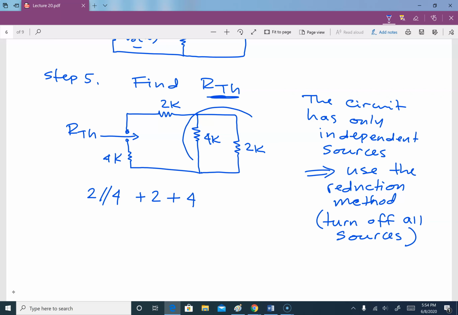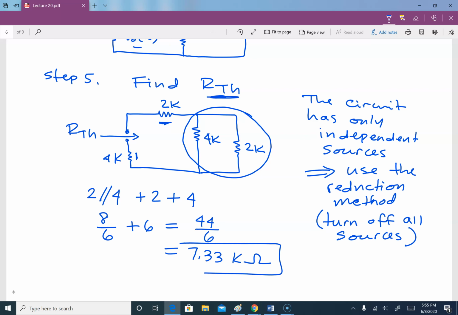So these two resistors are in parallel, and the combination in series with this resistance and that resistance. And that will be 8 over 6 plus 6, which is equal to 44 over 6, and that is equal to 7.33 kilo ohm. And this is our R Thevenin. That is step number 5.